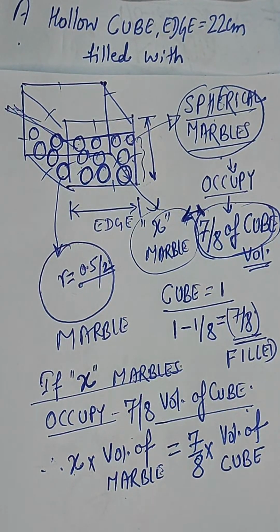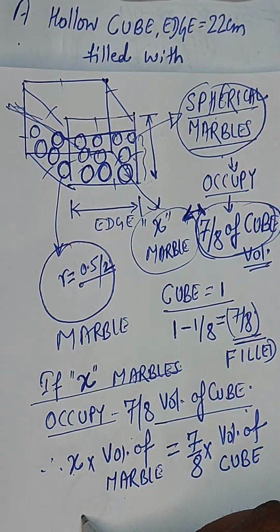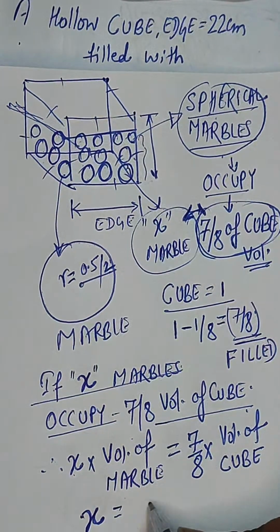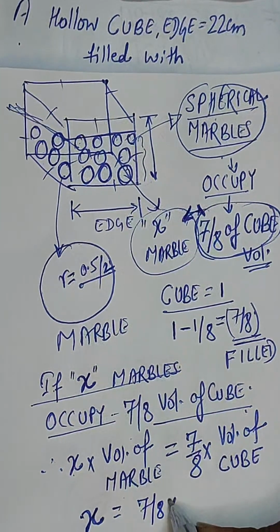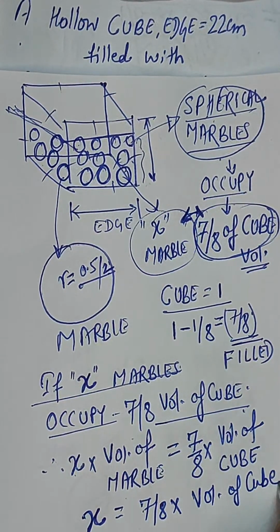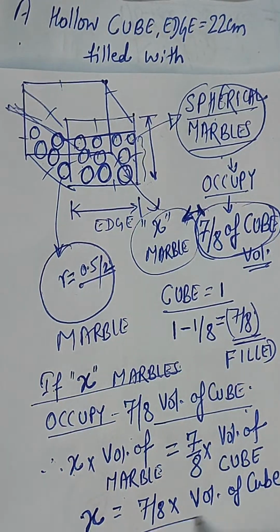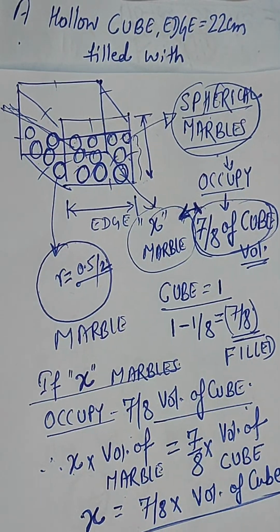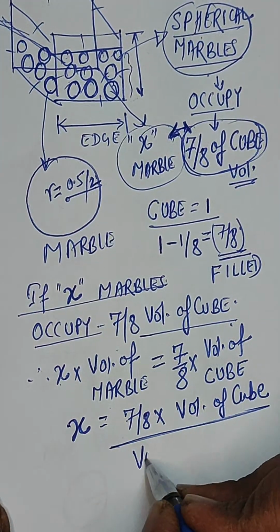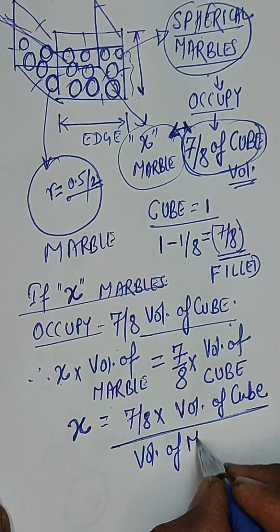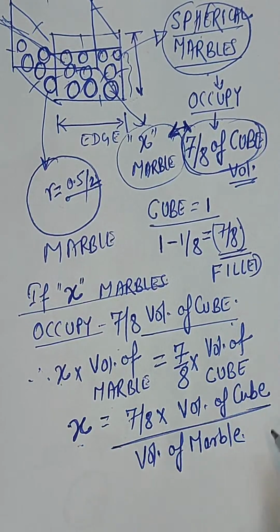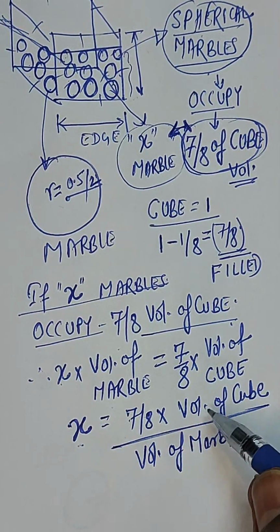Now, to find the value of x, the number of marbles, we can say that 7 by 8 into volume of cube divided by volume of marble will give you the number of marbles which is filling the 7 by 8 volume of the cube.